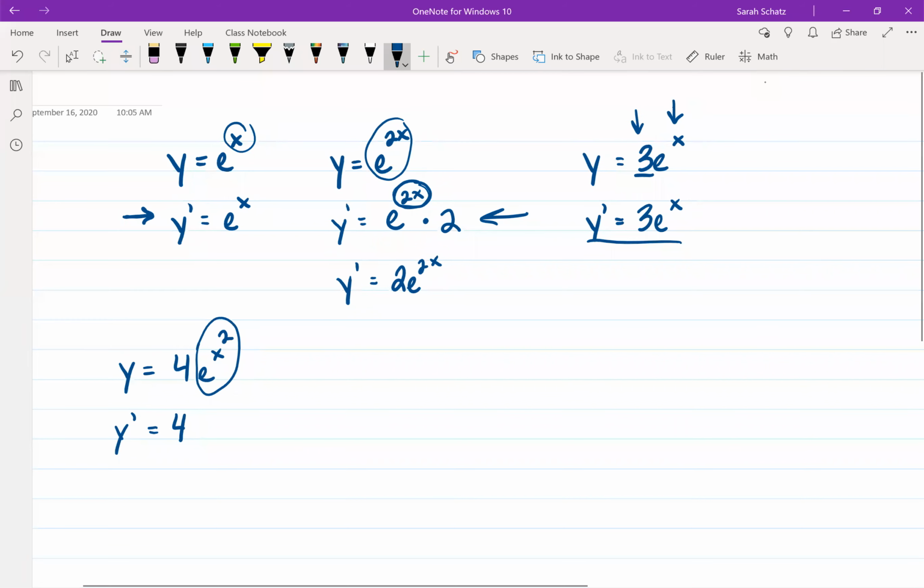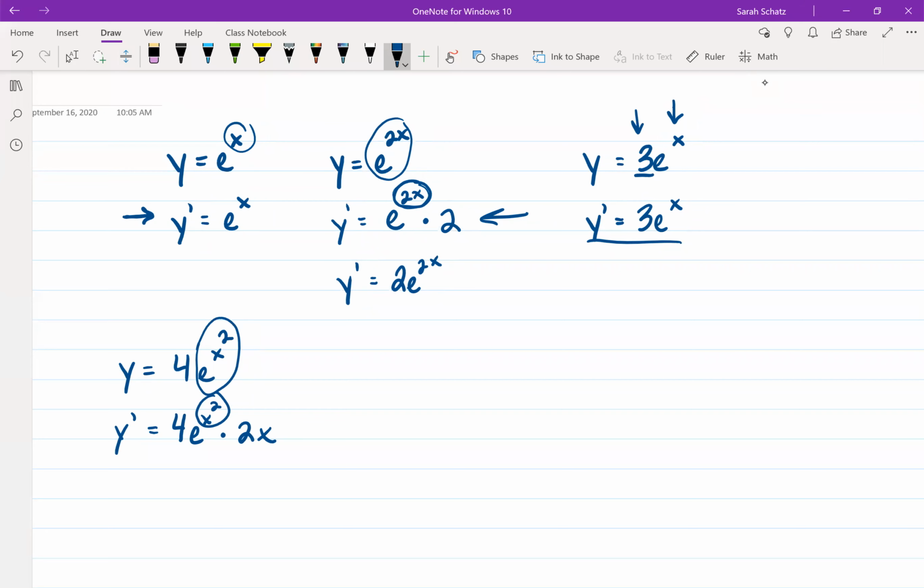The e term, even though it's not just e to the x, it's e to the x squared, the whole e term comes down as is without changing. And then we think about the chain rule. That's not just x, so I do need to take the derivative of x squared. That's 2x. So I stick it on the end.